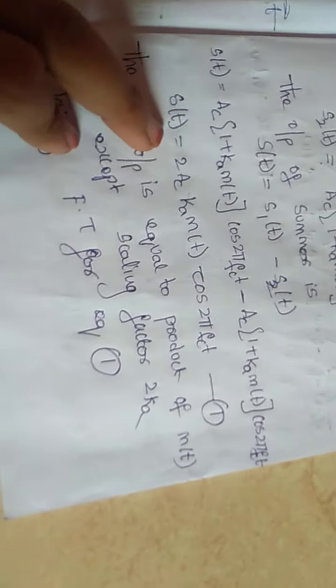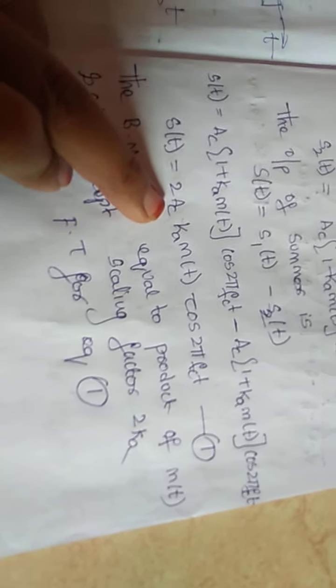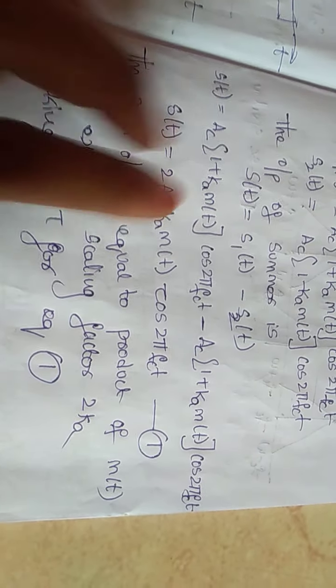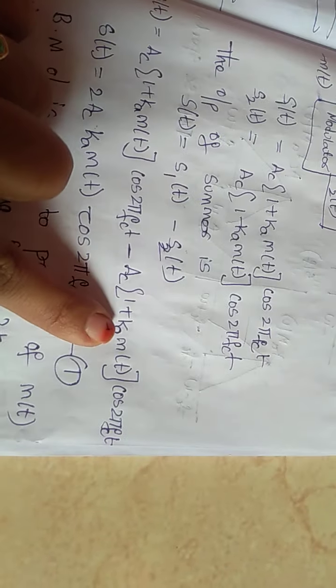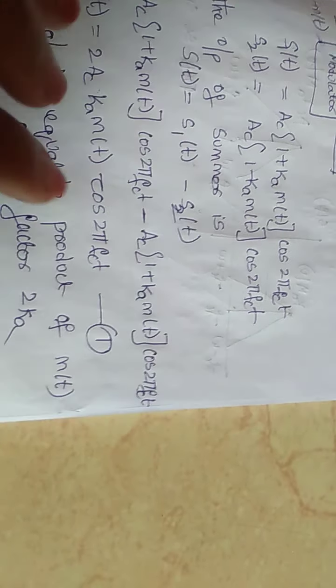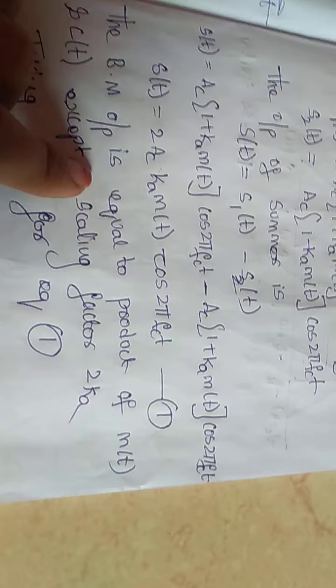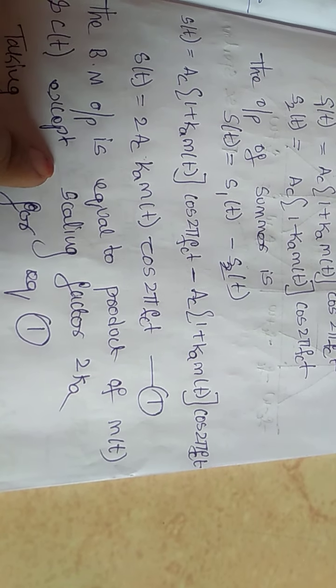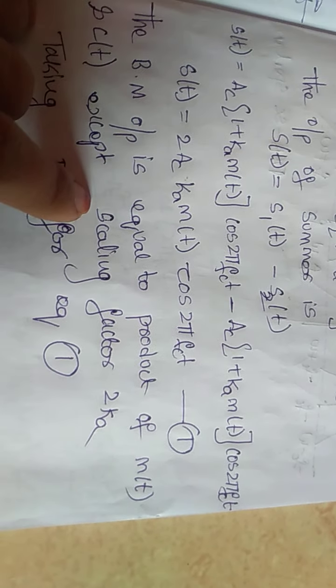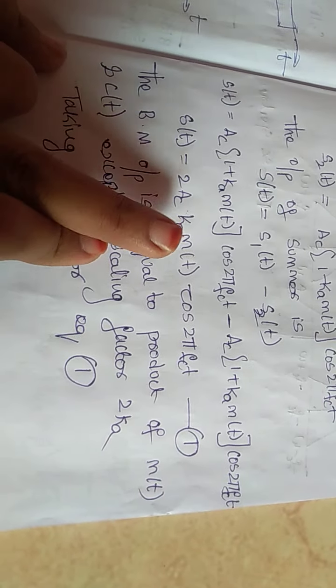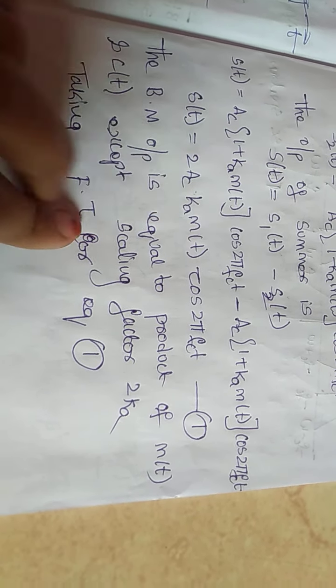So you will get the equation S of t equal to 2 Ac Ka m of t cos 2 pi fc t. Now the balanced modulator output is equal to the product of m of t and c of t, scaled by a factor of 2 Ka, where Ka is the amplitude sensitivity.